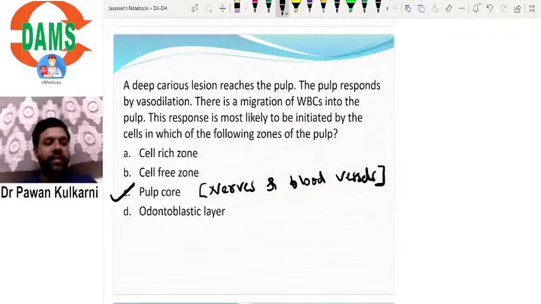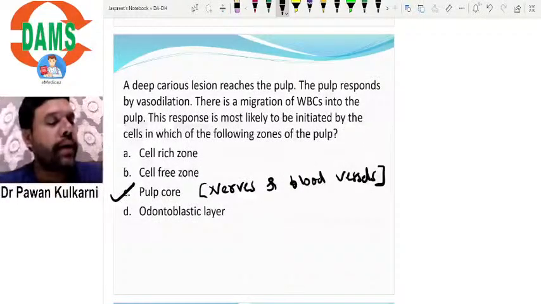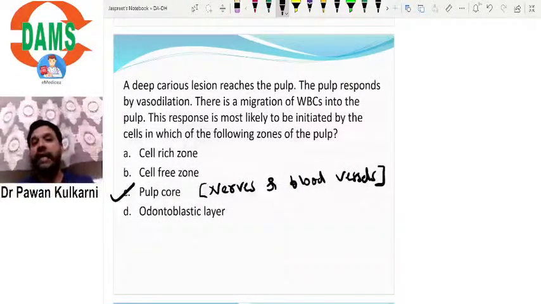Because of caries, they will migrate there, and there will be pulpal inflammation. So you should remember that the main zone from where this response is initiated is the pulp core, because the pulp core is the one which contains the blood vessels and nerves.